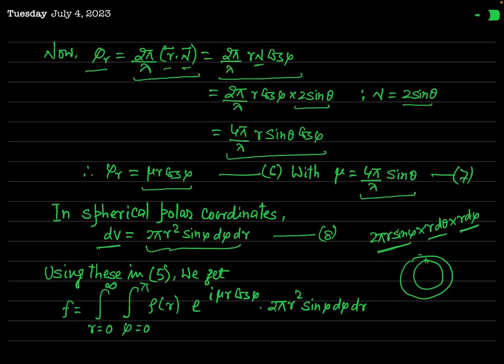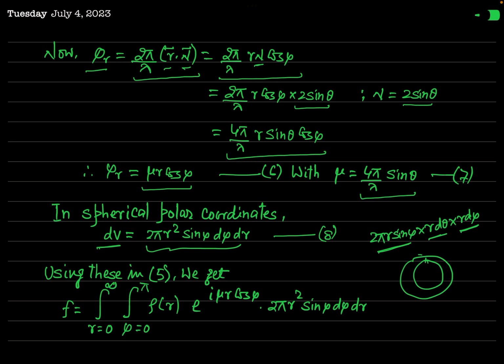For a clear idea of how we can find this volume element, you can watch my video in the playlist of mathematical physics on curvilinear coordinates, where you will get the expression for the volume element in the spherical polar, cylindrical, Cartesian, and curvilinear coordinate systems.